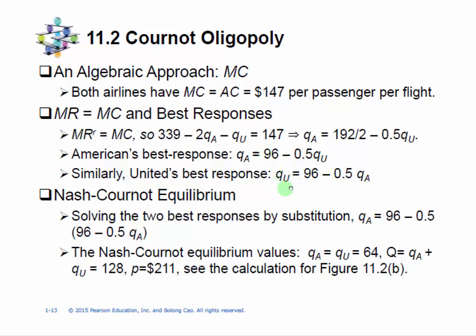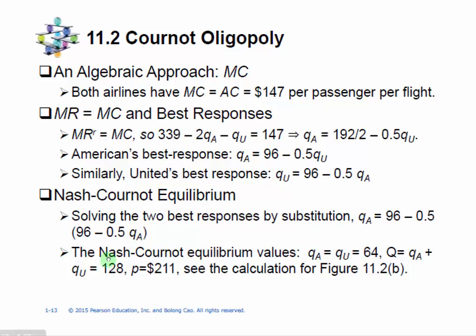So we bring this expression for QU into the American Airlines best response function. So QA equal to 96 minus 0.5 times QU. Now replace this QU with 96 minus 0.5 times QA. So it's QA equal to 96 minus 0.5 times, in parentheses, 96 minus 0.5 times QA.